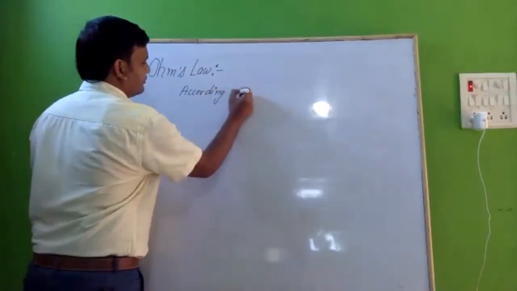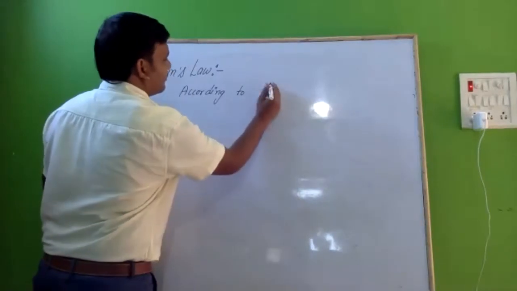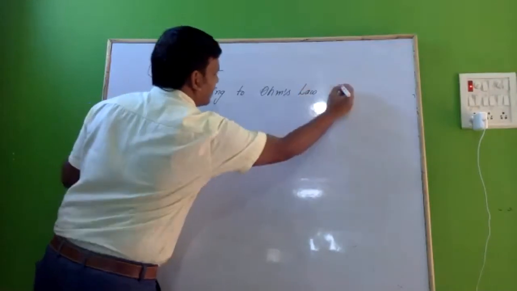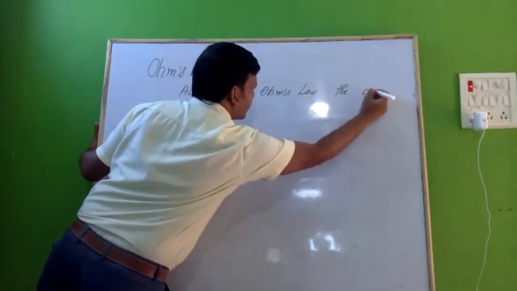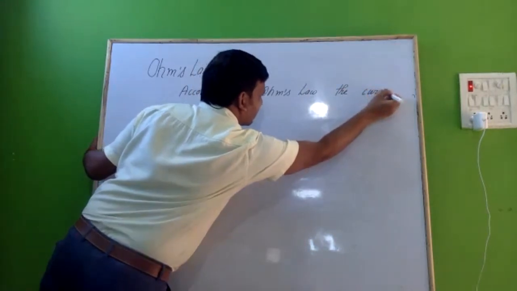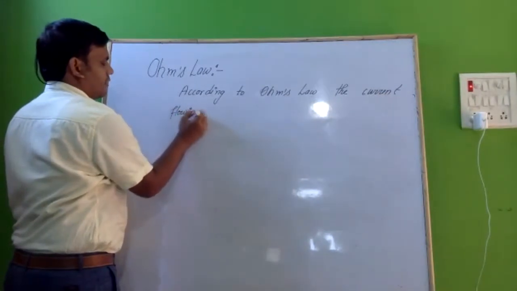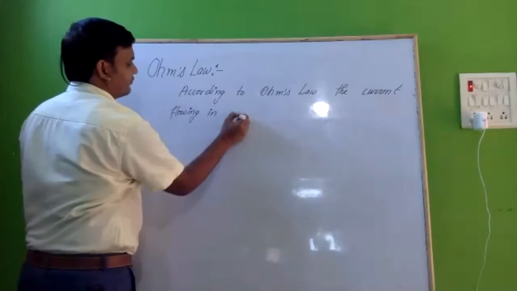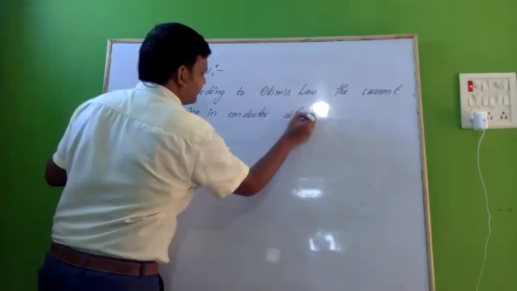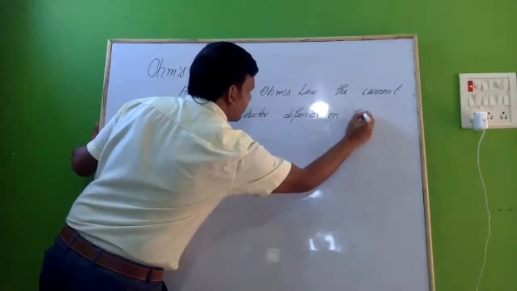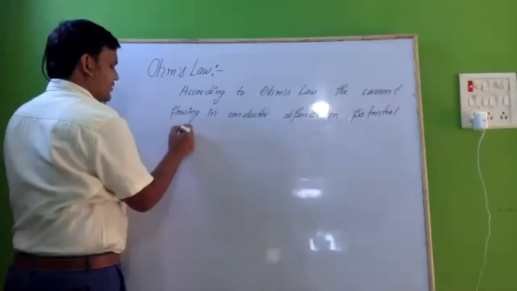According to Ohm's law, the current flowing in a conductor depends on potential difference.